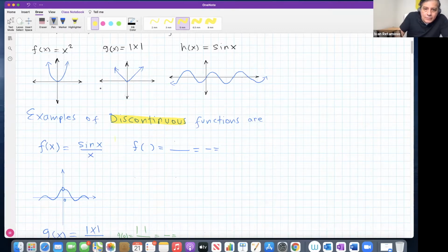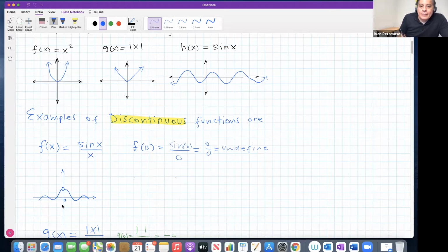Notice that when you evaluate this function at 0, you get sine of 0 over 0, which is 0 over 0, and then you get something undefined. The function is not defined at 0. Sine of 0 is 0, over 0, undefined. Then at 0, when you graph this function, you will see a hollow circle there.